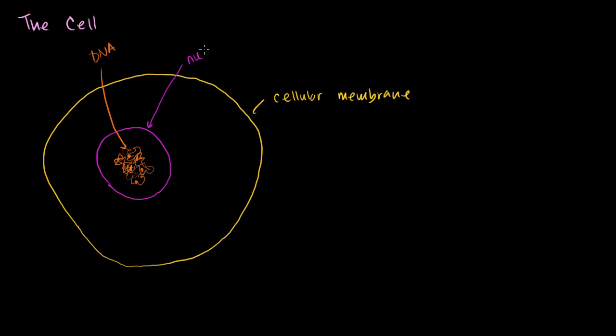And I said that's a major division because when some people looked at some cells and they saw a nucleus, and other cells and they didn't see a nucleus, they said, hey, this is a good way to classify organisms. So they called things that had nuclei eukaryotes. These have a nucleus. So as I've drawn this cell right here, it is a eukaryote.